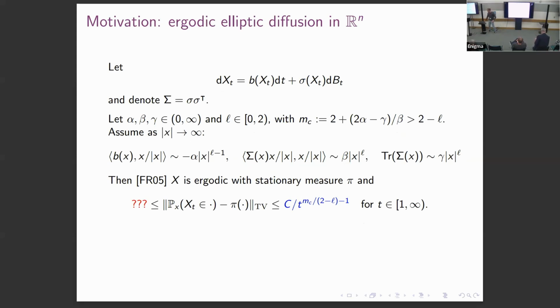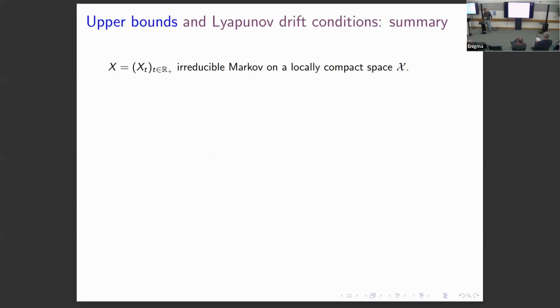So before we go directly to lower bounds, let's remind ourselves how these upper bounds are obtained. The Lyapunov function approach to the upper bounds is very general, and it doesn't require a lot of stuff.